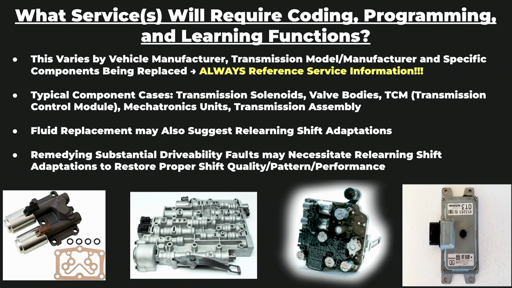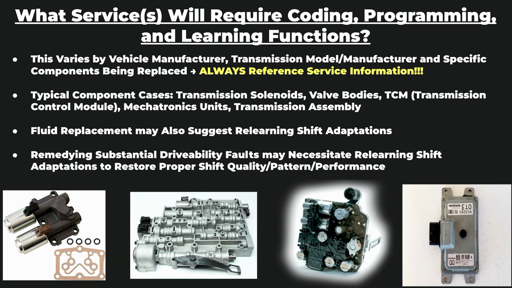So again, it's really crucial we understand when these have to be performed and that we remember to perform them. So here are some examples of when you might see these types of procedures triggered or needed depending on each individual vehicle. Again, we always want to look at service information in order to be certain what is required for the given vehicle.